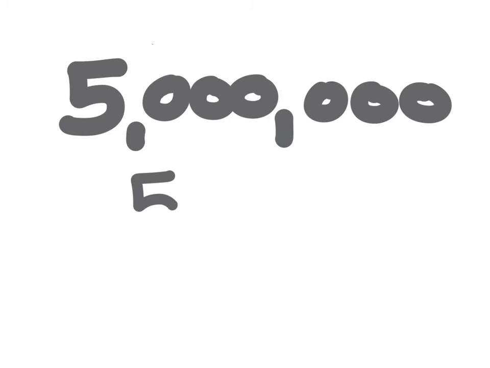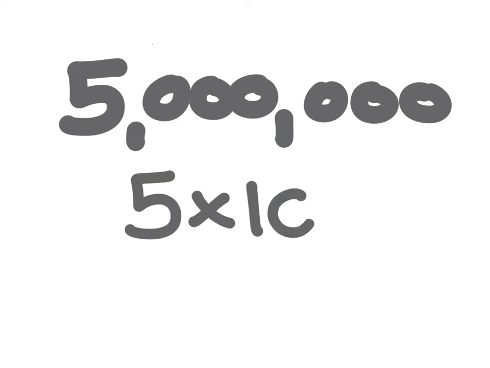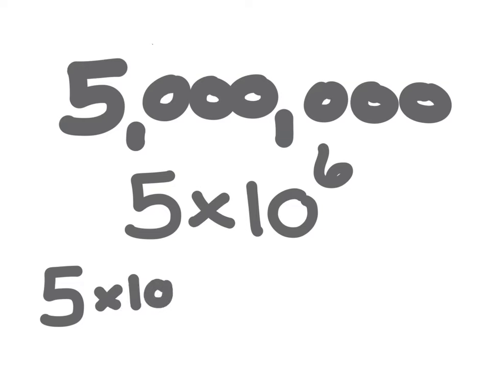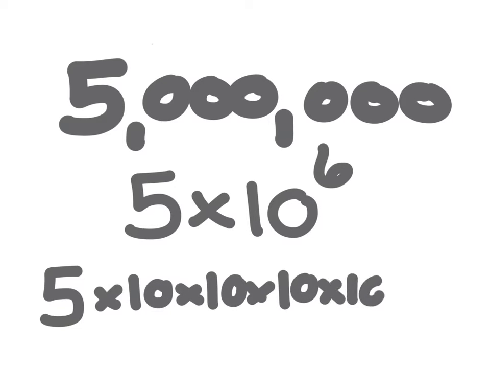I could write it as 5 times 10 to the 6th power, which is showing that we are multiplying 5 times 10 times 10 times 10 times 10 times 10 times 10. So 1, 2, 3, 4, 5, 6 tens.